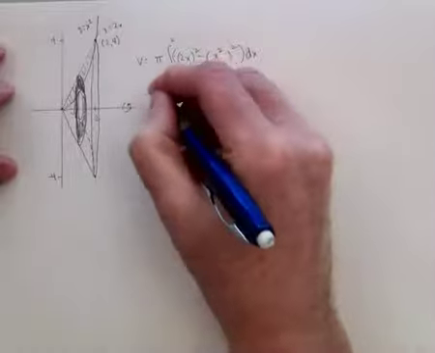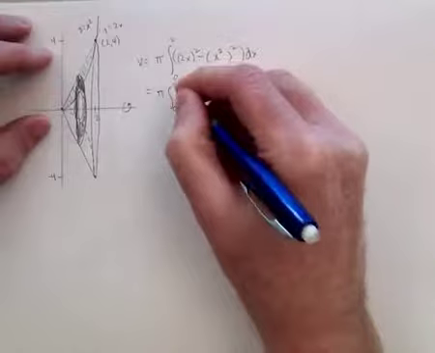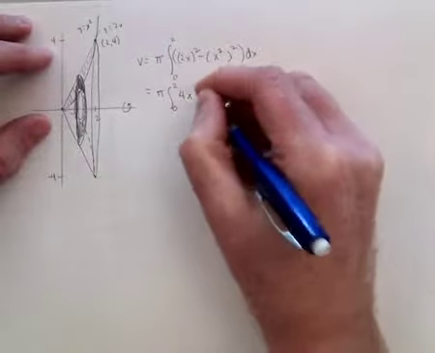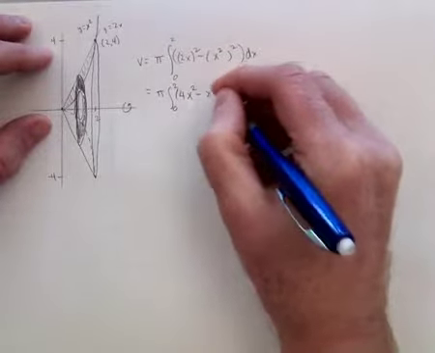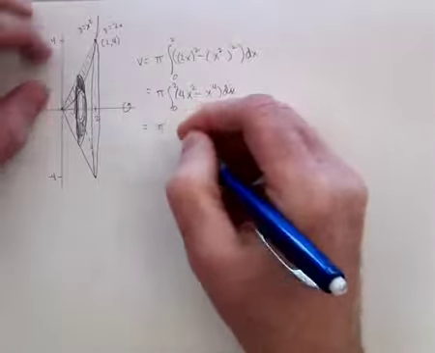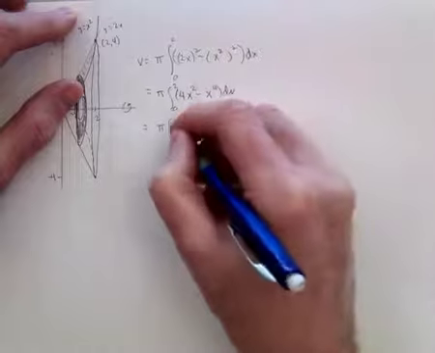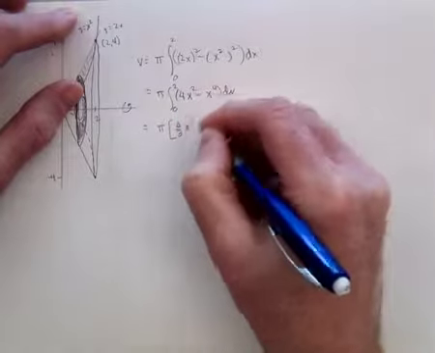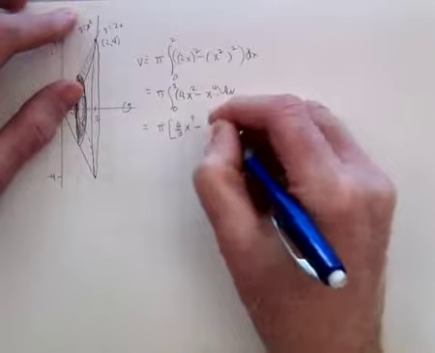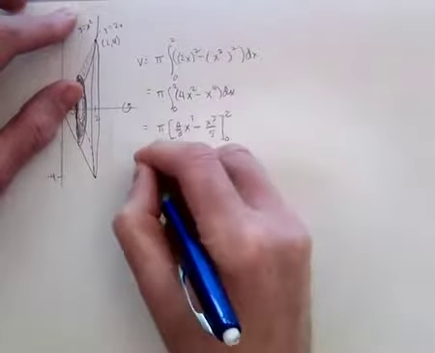We just have to work it out. So it's pi times the integral from 0 to 2 of 4x squared minus x to the fourth dx, which is going to be pi times the quantity 4/3 x cubed minus x to the fifth over 5, from 0 to 2.